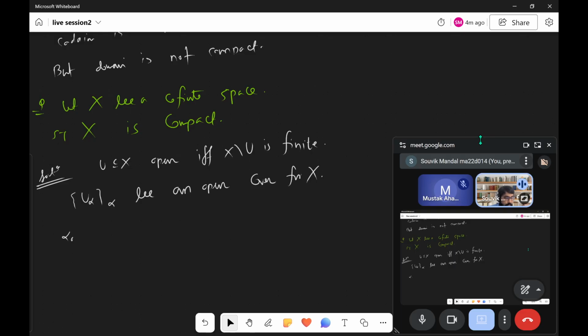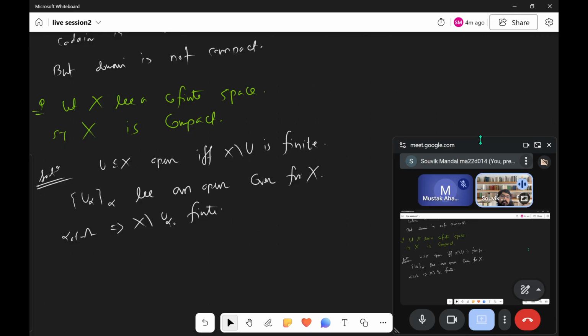Okay, so choose an alpha. That implies x minus u alpha is finite. Okay. Now after this, can you please think how to come up with the finite subcover? The only thing is that x minus u alpha is a finite set, right? So all the infinite elements are contained inside u. Only finitely many elements of x belong outside u alpha.